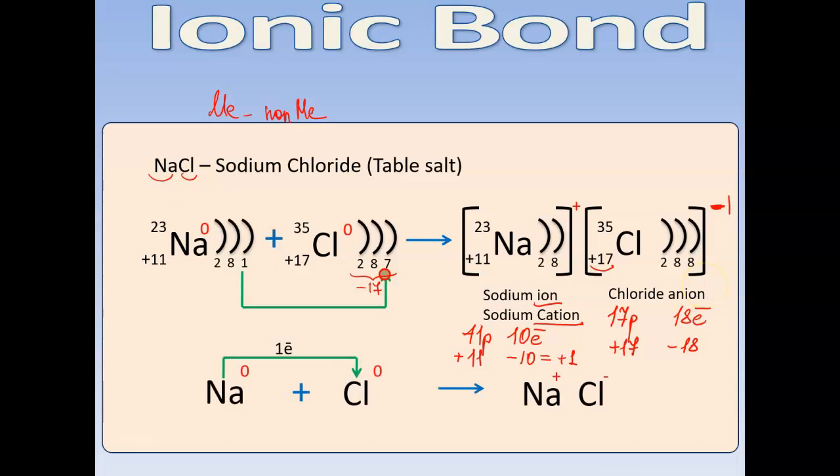And the compound which is formed here, NaCl or sodium chloride, is an ionic compound. Why is it ionic? Because it has ions, right? Sodium ion and chloride ion, and the attraction between these ions is the ionic bond. Okay?